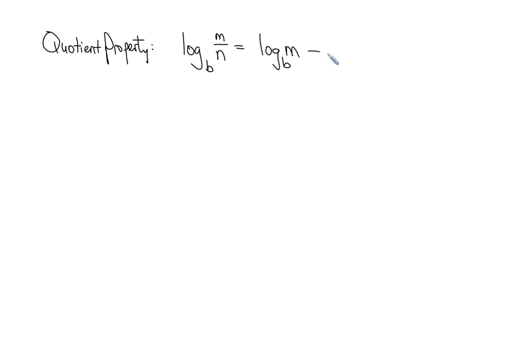Okay, the next one is called the quotient property. The quotient property says if you have log base b of m divided by n, this becomes 2 logarithms with subtraction in between. So for example, log base b of 5 over x becomes log base b of 5 minus log base b of x.